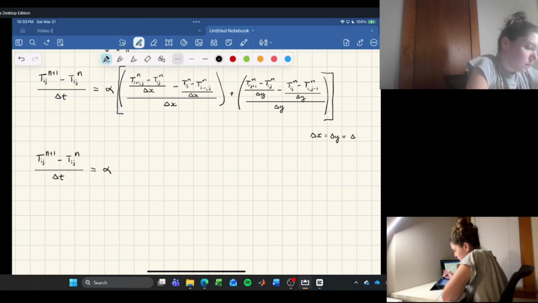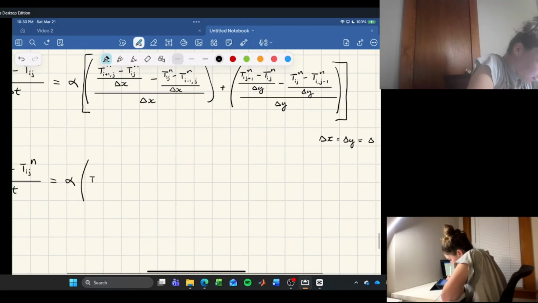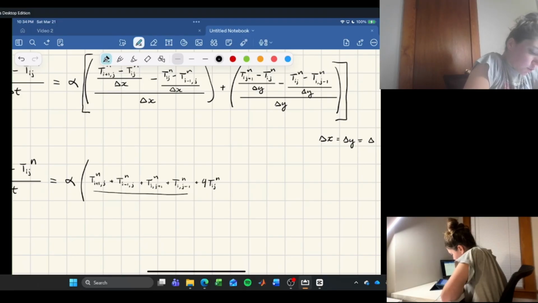And then this section here, we can simplify to be that the temperature at i+1, j plus the temperature at i-1, j plus the temperature at i, j+1 plus the temperature at i, j-1 minus 4 times the temperature at i, j is all going to be over the change in position squared.